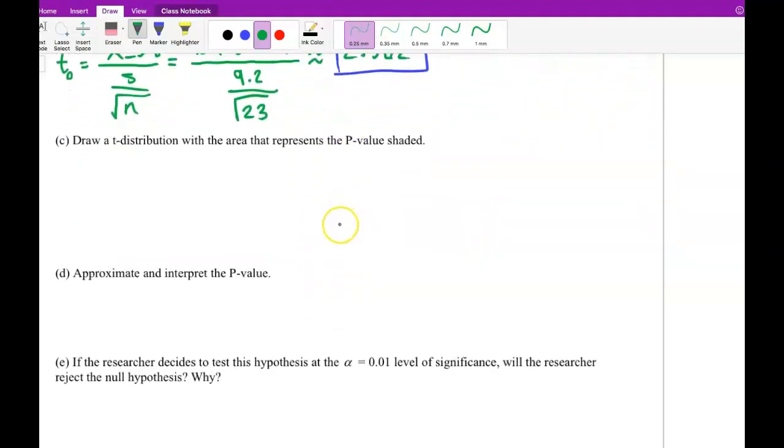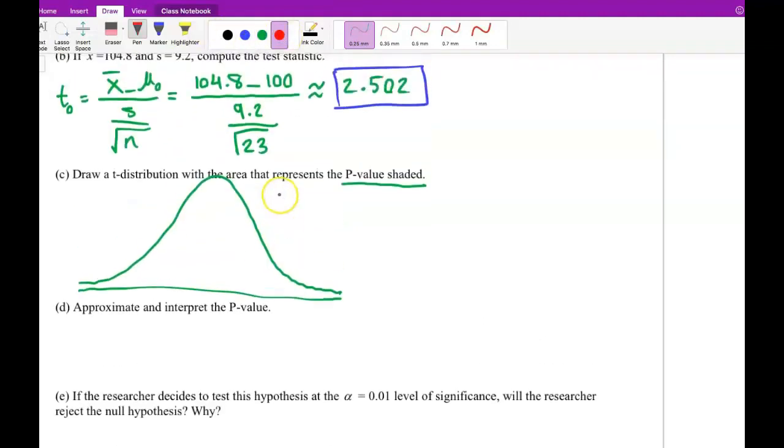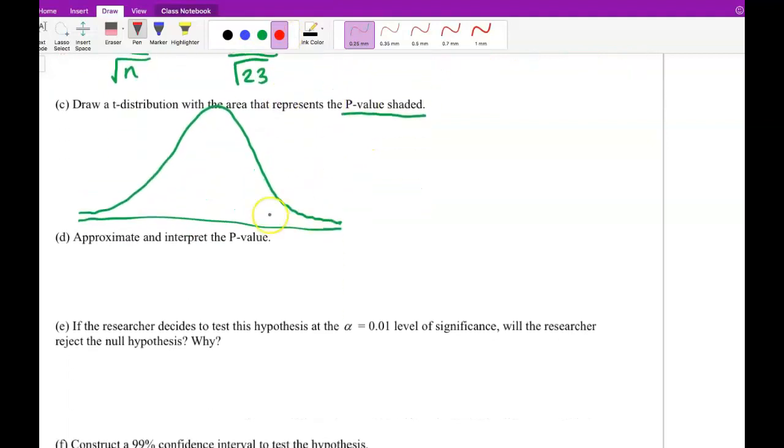Now part C, draw a t-distribution with the area that represents the p-value shaded. Okay, now drawing the t-distribution. For T we got 2.502.